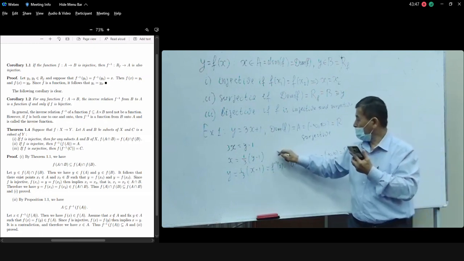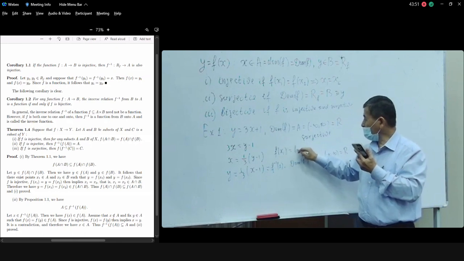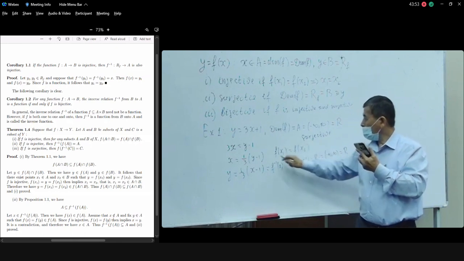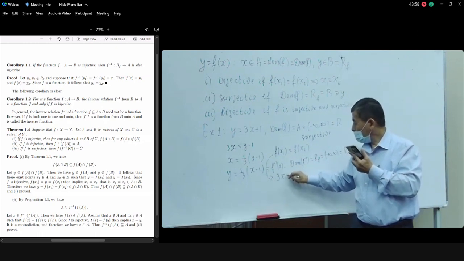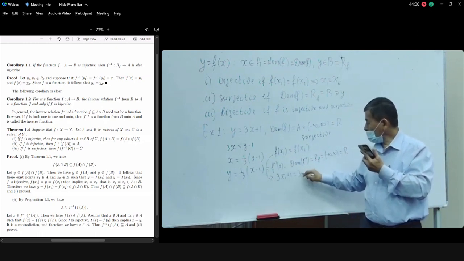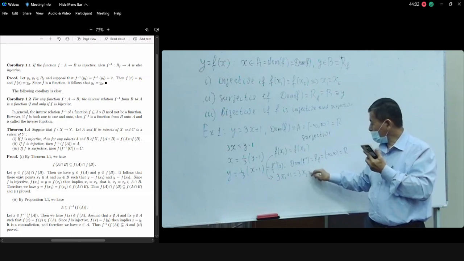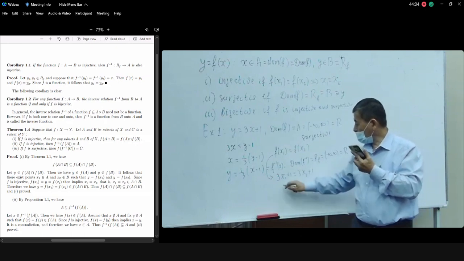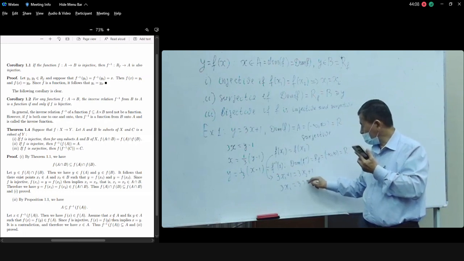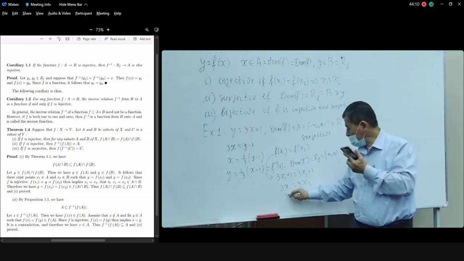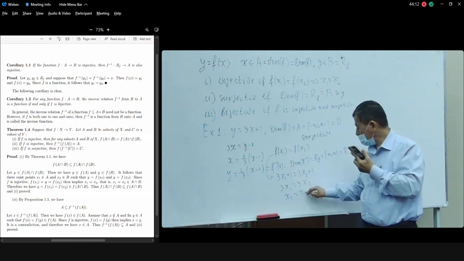Injectivity comes from here. f of x1 equal to f of x2 means 3x1 plus 1 equals 3x2 plus 1. So 1 cancels, 3x1 equal to 3x2, which implies x1 equal to x2.